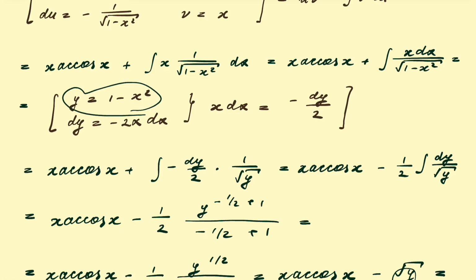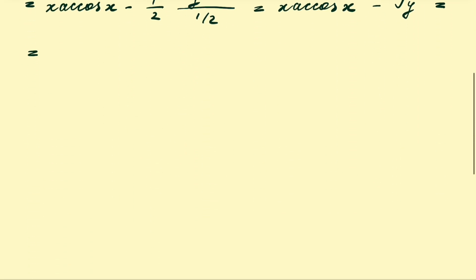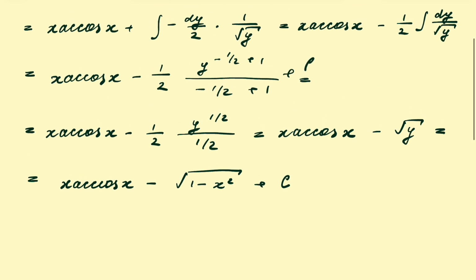We made a substitution, it's 1 minus x squared. So the final answer will be of the form x times arc cosine of x minus square root of 1 minus x squared plus some constant c. It's the constant that we added here, here, and here.